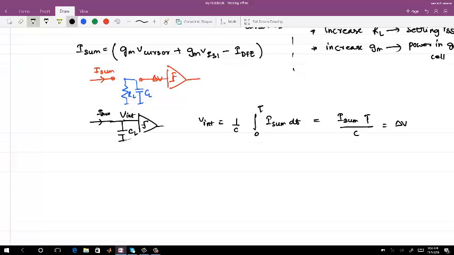If you think of it in a simpler manner, in the previous case you have RL and CL. You have an I sum node, a resistor, and a switch here. In the other case, you have the same CL and a switch with a current source.